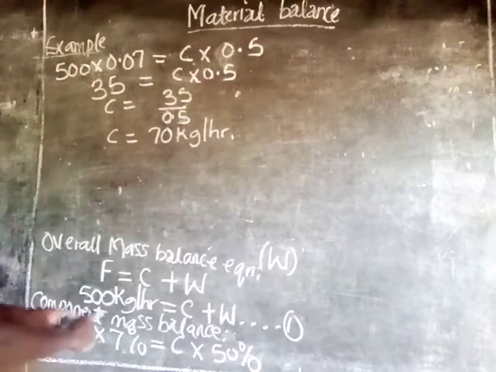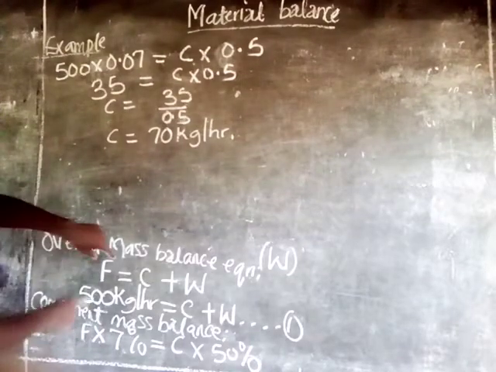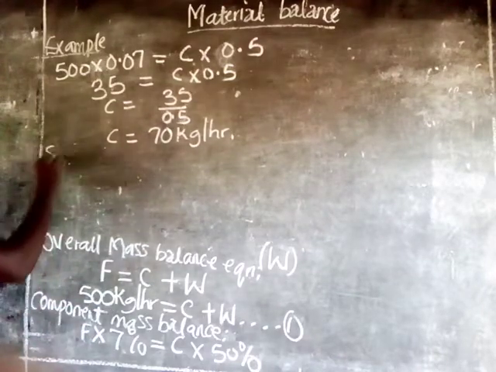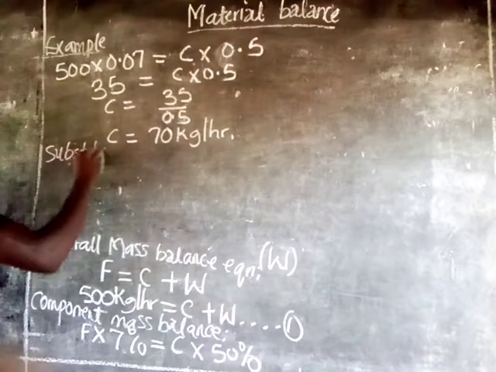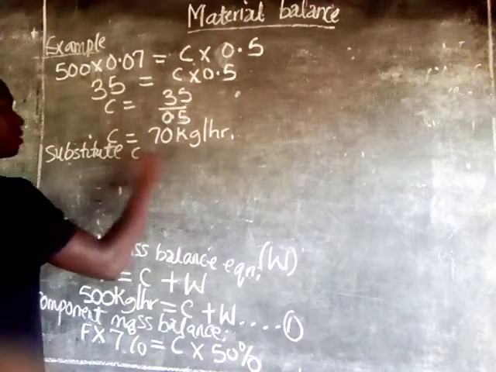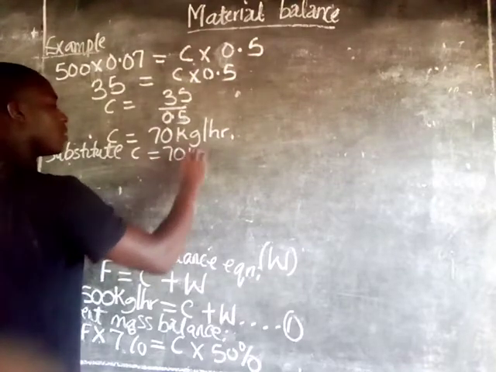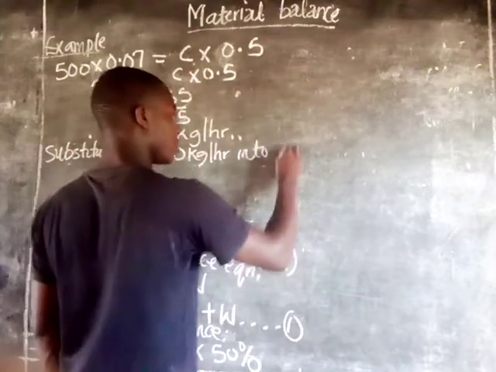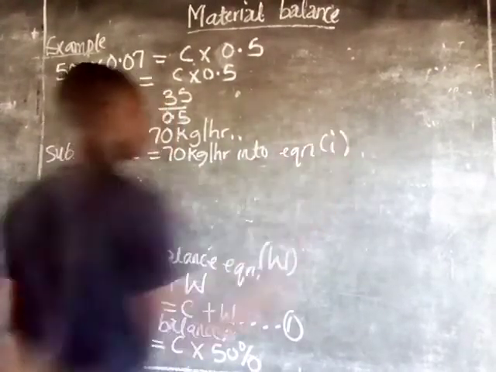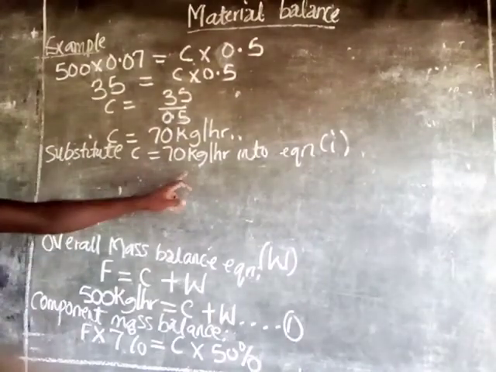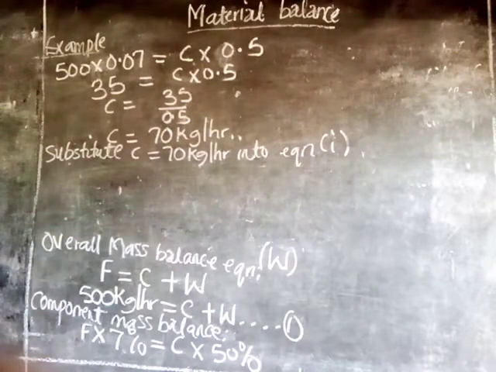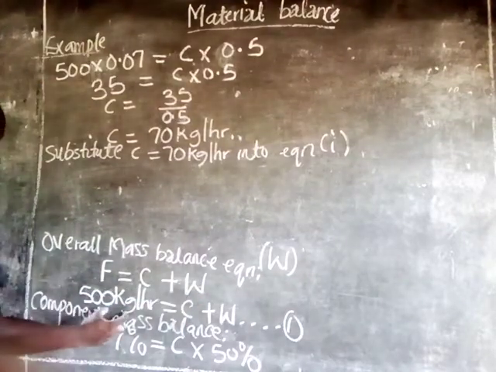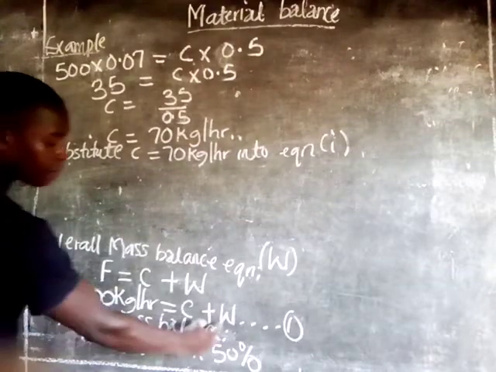And so we know that the amount of fresh watermelon was 500 kilogram. And so what we now say is substitute C equal to 70 kilogram per hour into equation 1. So we substitute this into what? Equation 1. And so our equation 1 says that this is equal to this.